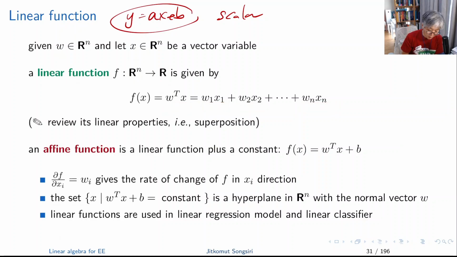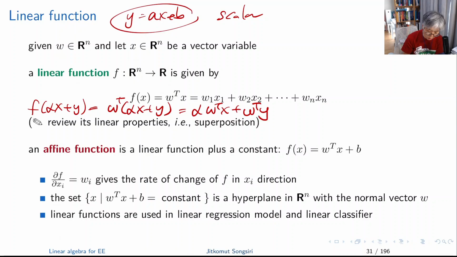Okay. It can be shown quickly that it has the linear property, because f of alpha x plus y is going to be w transpose (alpha x plus y), and that is equal to alpha w transpose x plus w transpose y. So it is actually alpha f(x) plus f(y).